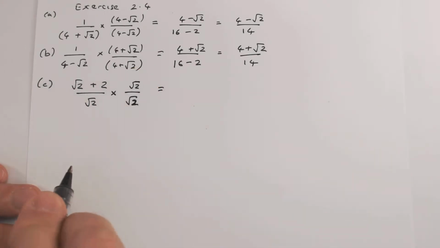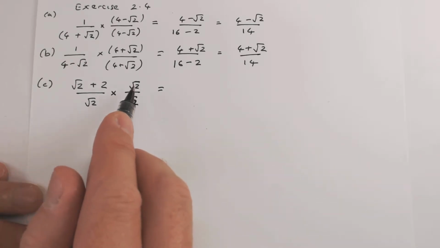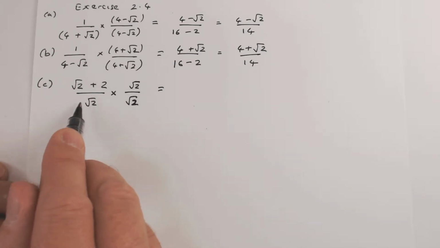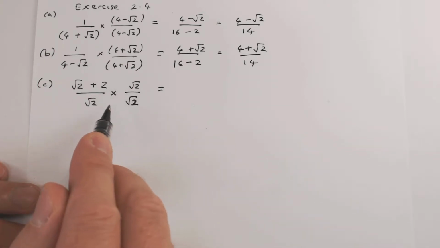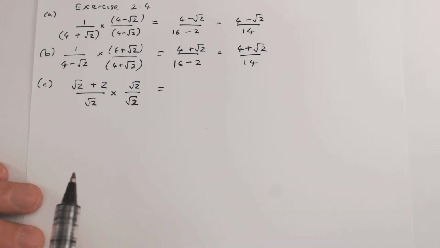If you've done complex numbers, it's a bit like we're doing conjugates. So I'm going to times, in this case, this number here, top and bottom, and then that will get rid of my irrational number on the bottom.